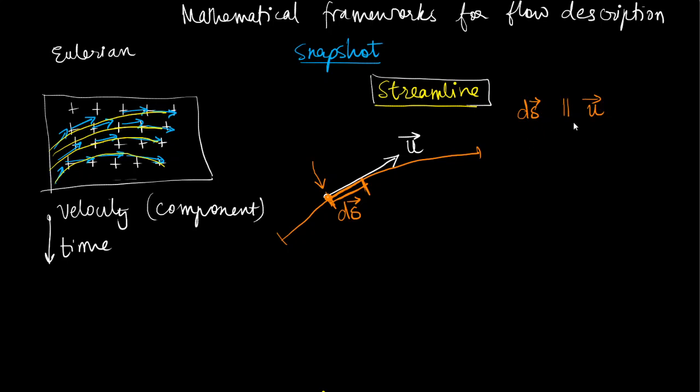And so if this is true, I can write u cross ds to be equal to 0, because they are locally parallel.